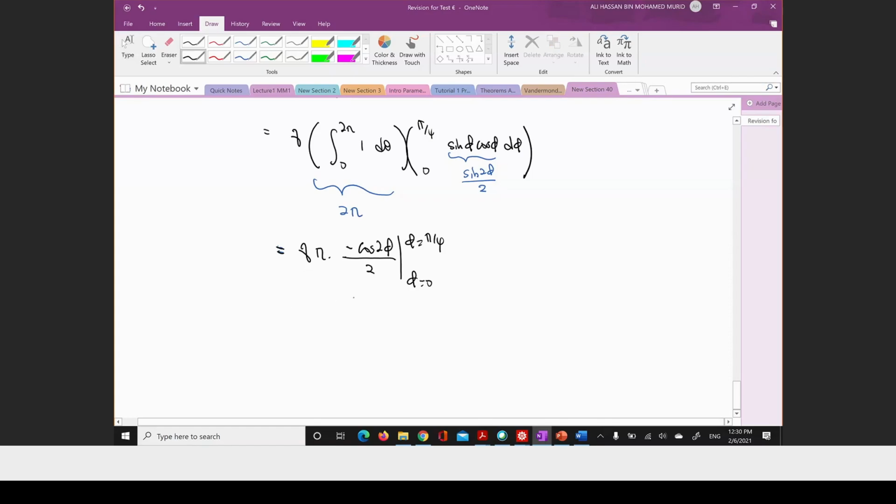We have minus 4 pi. First, we substitute phi equal to pi over 2. We have 2 phi there, so we get minus cosine pi, and cosine 0 is 1, so the answer is 4 pi.